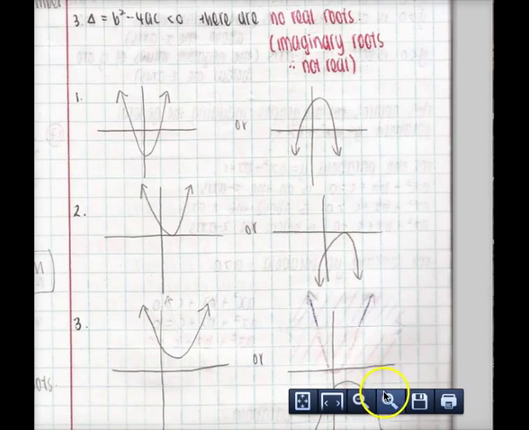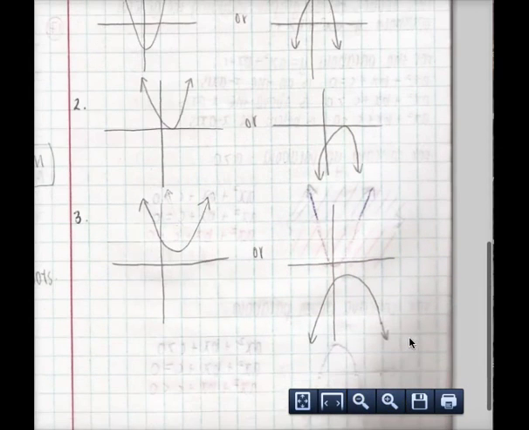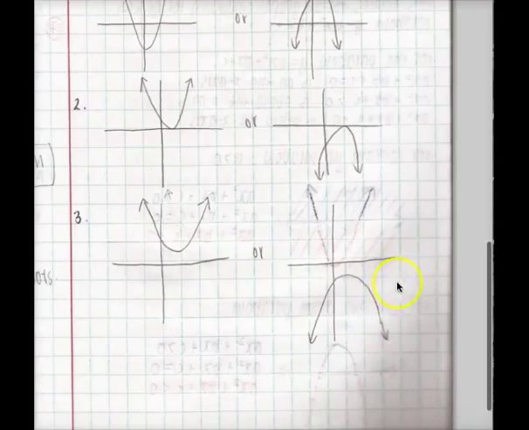Here's your other version of the discriminant less than 0, but here a is less than 0 as well because it's concave down, and the discriminant, which is the triangle symbol, or you can write b squared minus 4ac, is also less than 0. Notice in scenario number 3, we've got no real roots. The parabola does not cut the x-axis at all.